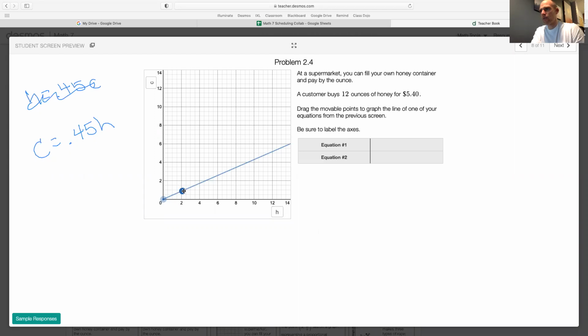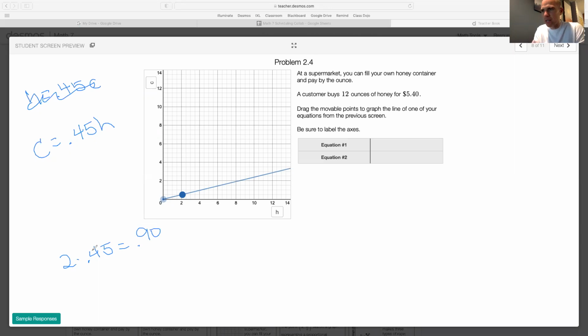All right, so I know that 2 for H makes the cost 90 cents, right? If I put a 2 in for H, then 2 times 0.45 equals 0.90, right? 90 cents.